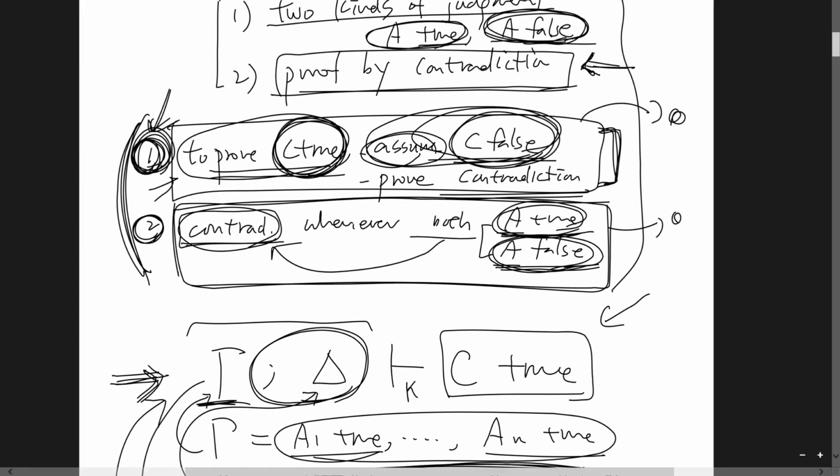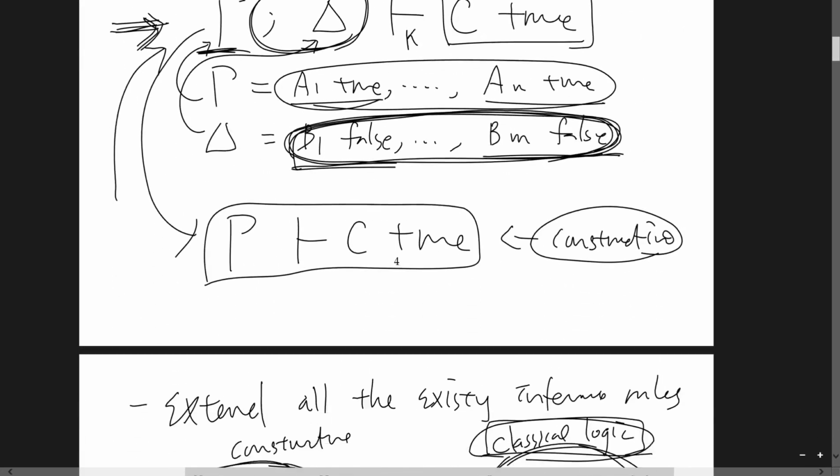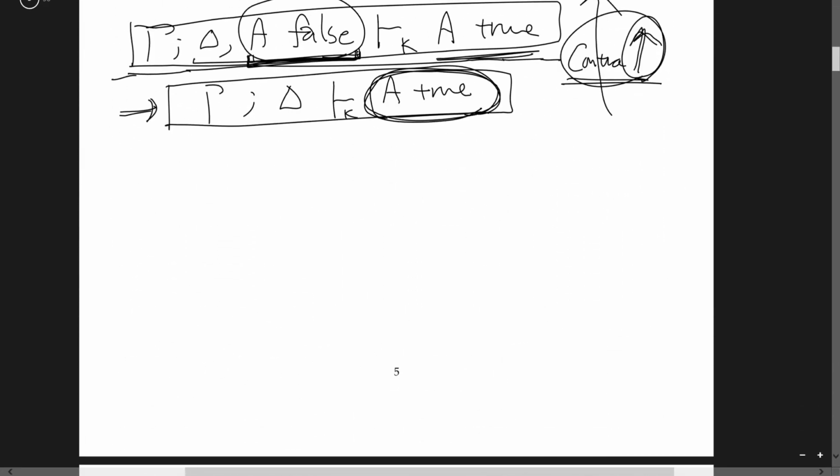Now we have to translate the second part into another inference rule. This one says, whenever you have both A true and A false, then you have a contradiction. So assume that you have both A true, so you have shown A true, and you have also A false as an assumption.